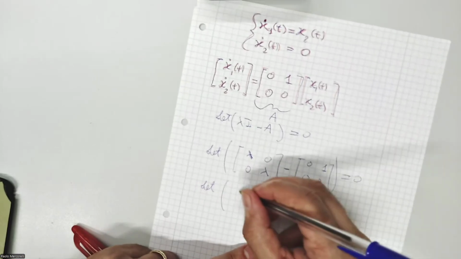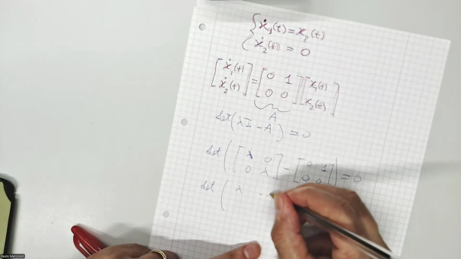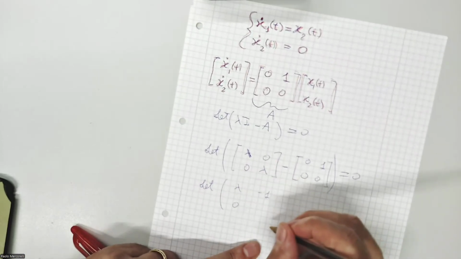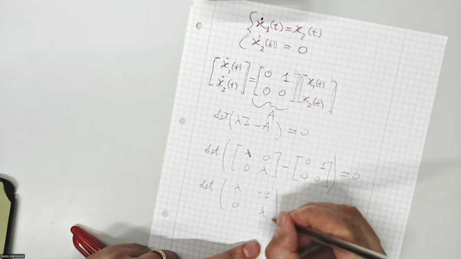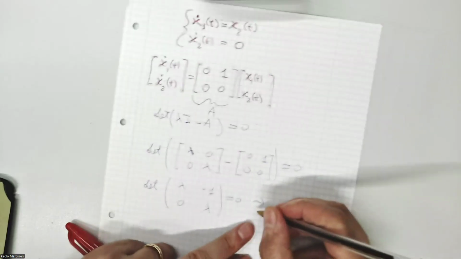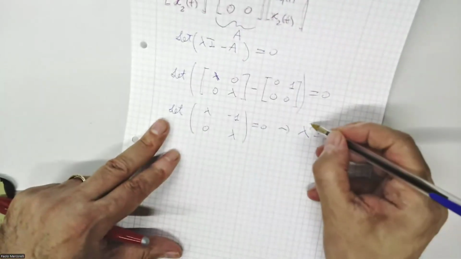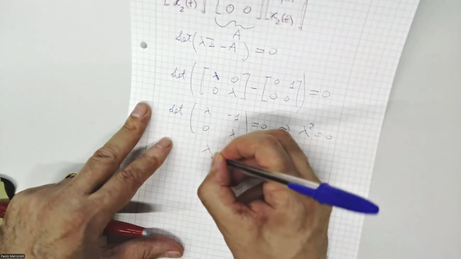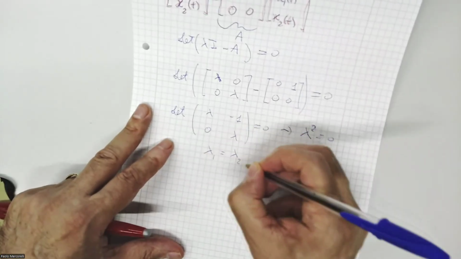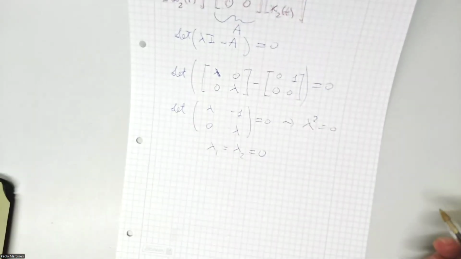Determinant of what? So, this implies lambda squared equals 0. This means lambda 1 equals lambda 2 equals 0.